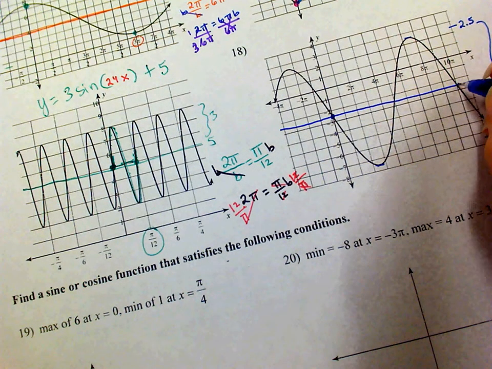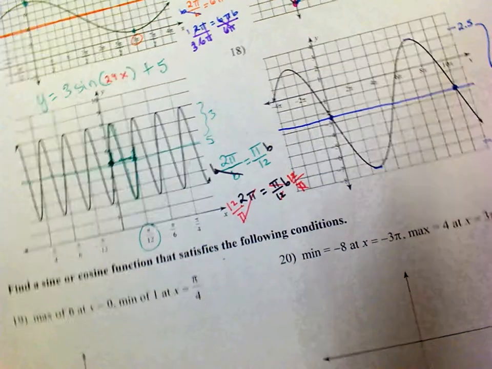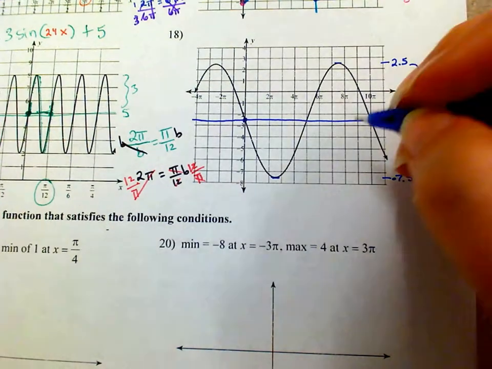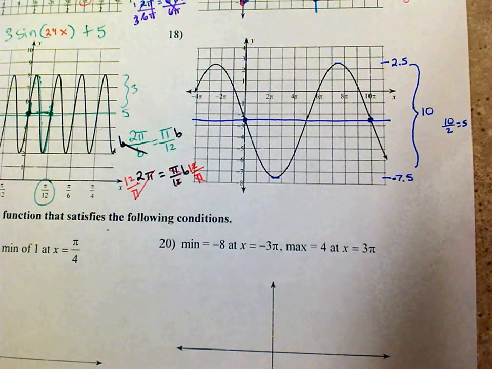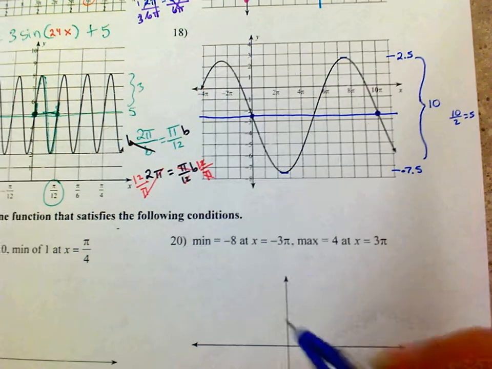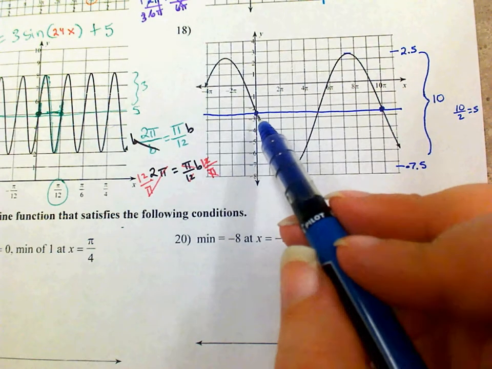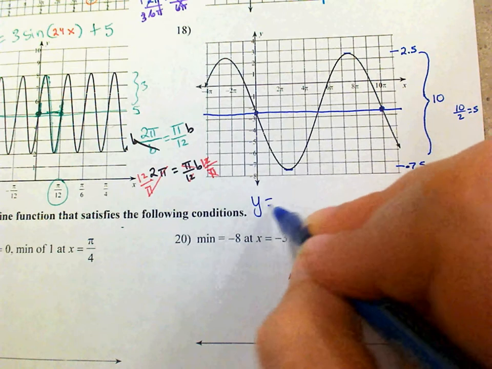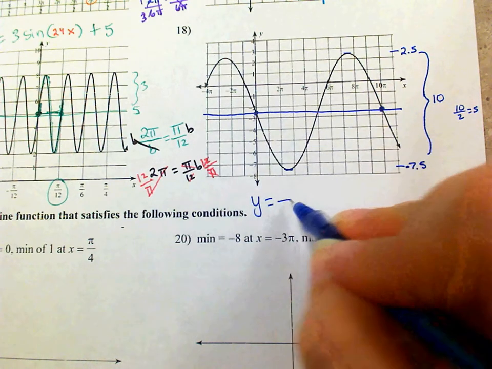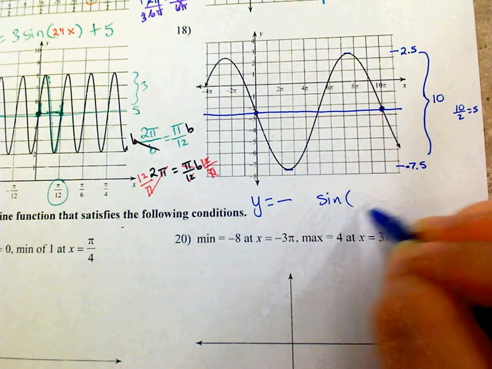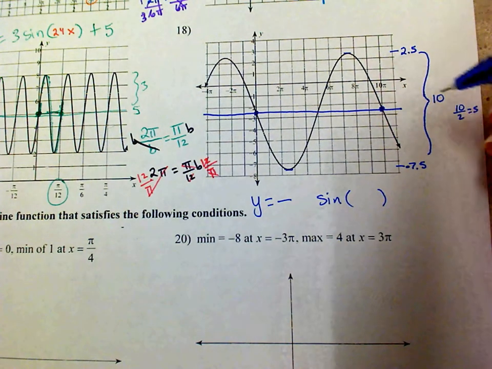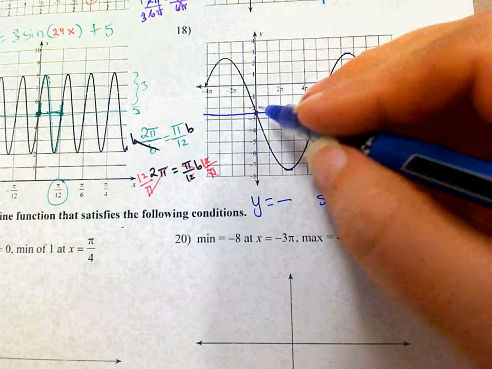The fact that I started at the center of the wave means it's a sine wave. The fact that I went down first means it's a negative sine wave. The fact that my midline is at negative 2.5 means I'd go down 2.5 at the end. And the distance between these is 10, cut in half is 5, so my amplitude is 5.